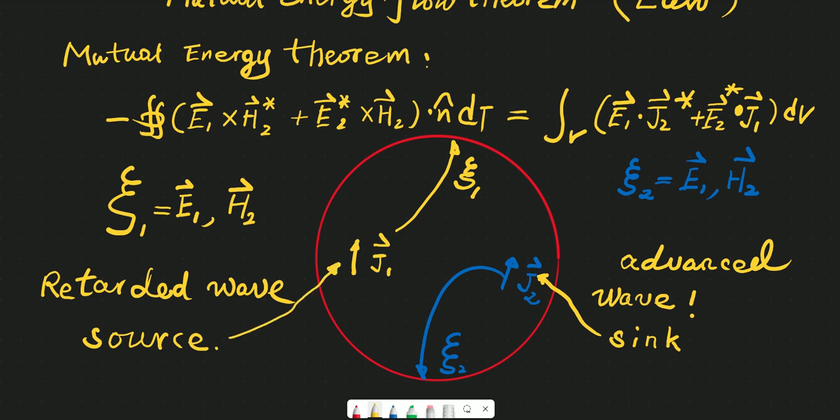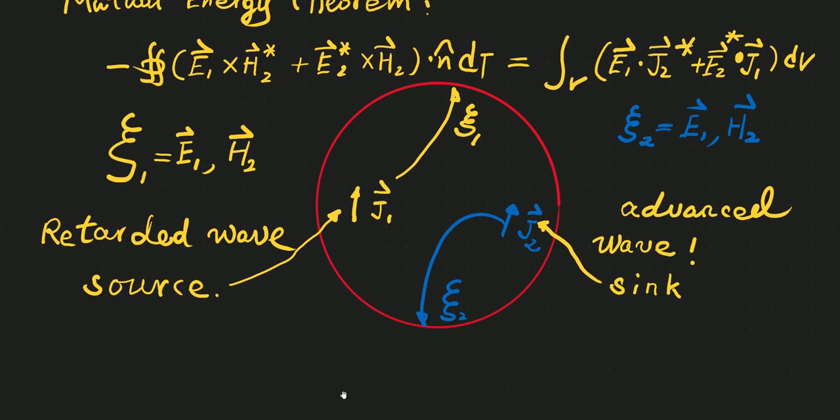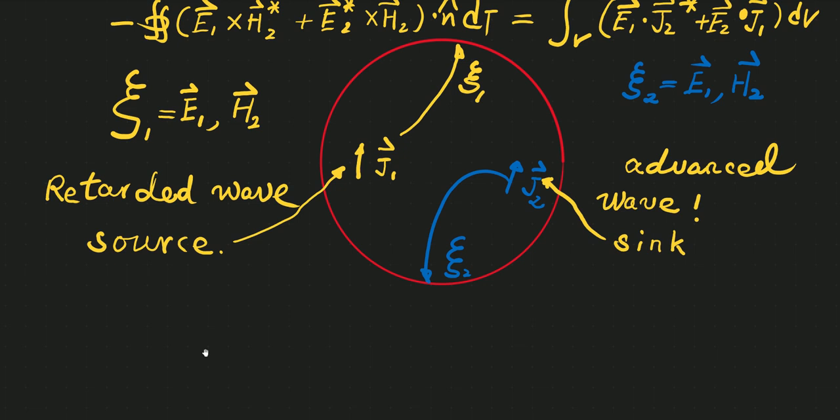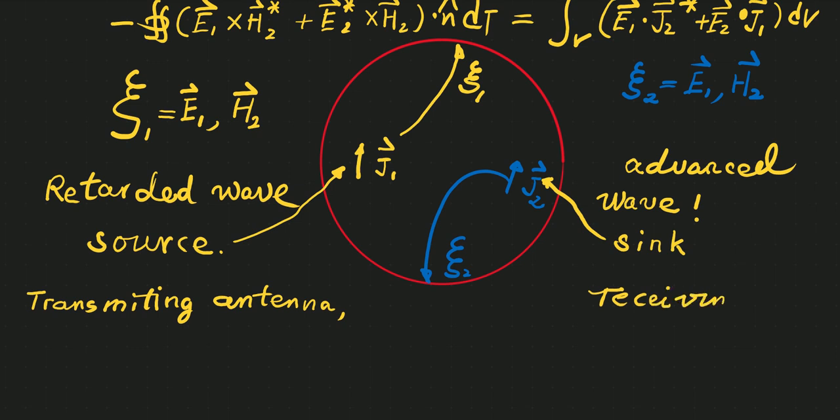This current is the sink, and this current is the source. The source is usually like a transmitting antenna, and this is like a receiving antenna.